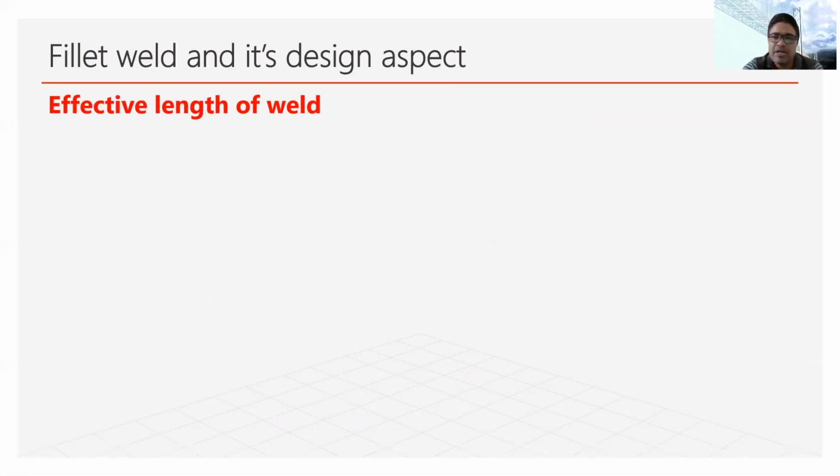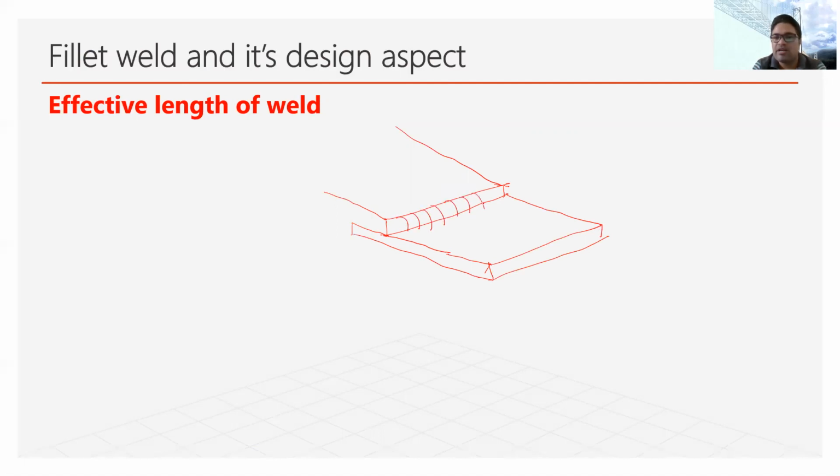Practically, when we weld to join any plate, say this is a plate which we have to join with another plate like this, we do fillet weld like this.